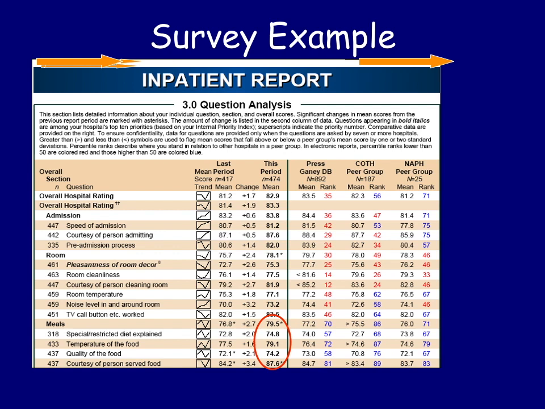So 86th percentile is not bad. There's room for improvement, but 86% is not a bad ranking here. Although within it, you can see that for the special restricted diets, that's a bit lower. The ranking there is 68. So there's some work to be done within the individual questions.